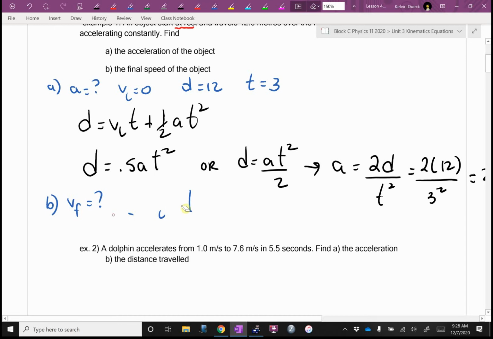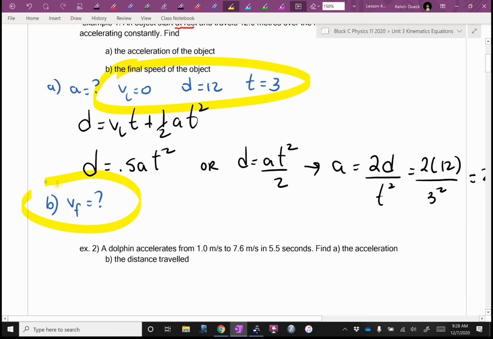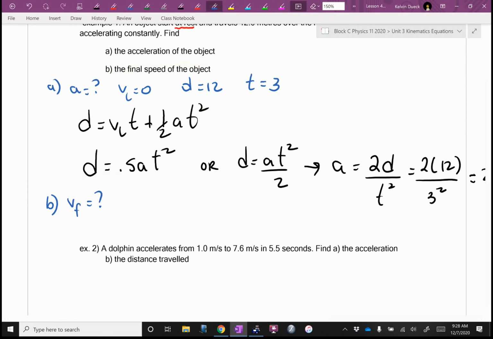So if I try avoiding using that one, if I use that and that, which equation? D equals bracket VI plus VF close bracket T over 2. We haven't used that one much. Okay.